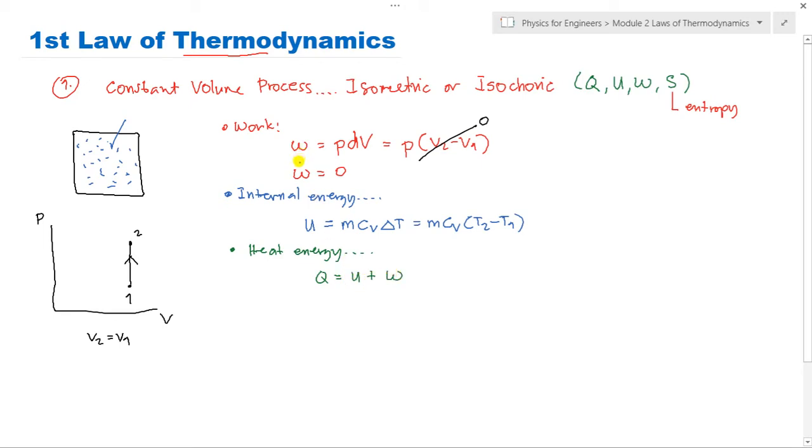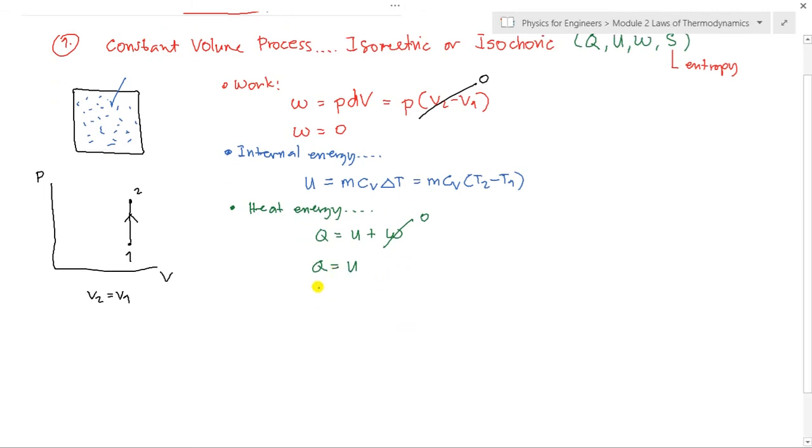Since work is 0, Q is just equal to the change in internal energy. Whatever heat is added to or lost from the system is just equal to the change in internal energy, which either increases or decreases. Therefore Q has the same formula as internal energy: Q equals m Cv (T2 minus T1).